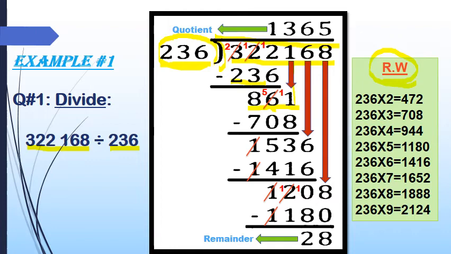Does 861 come in the 236 times table? No, we don't have 861 in the 236 times table, but we have 236 times 3 is 708, which is less than 861.